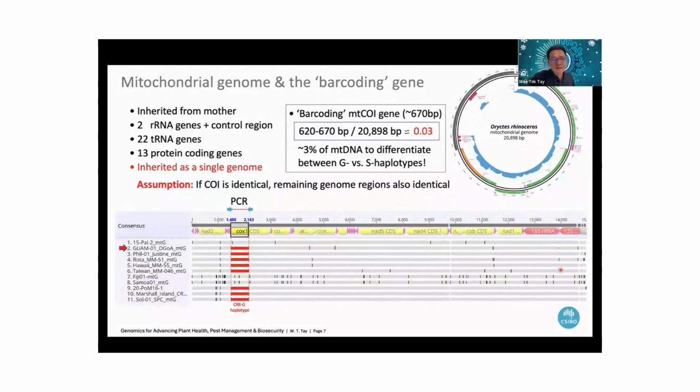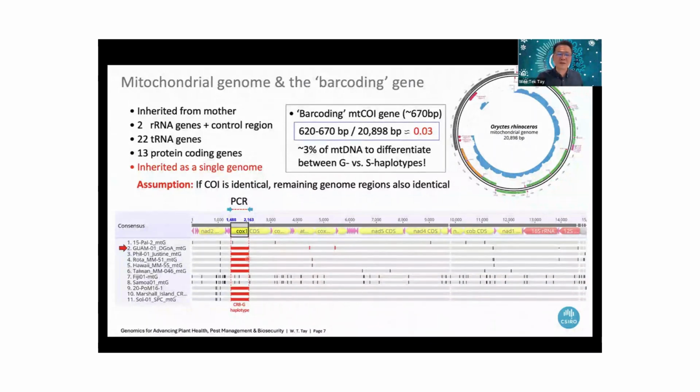And yet when we look at it at the genomic level, and this is just looking at the mitochondrial DNA level, Guam is indeed different from the rest of the population. So the CO1, the region that is used for species identification, when applied to understanding invasion biology, appears to be erroneous.